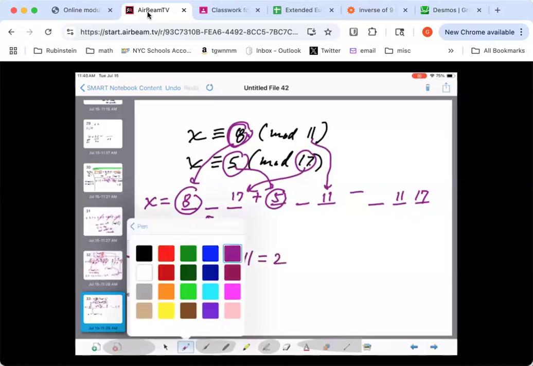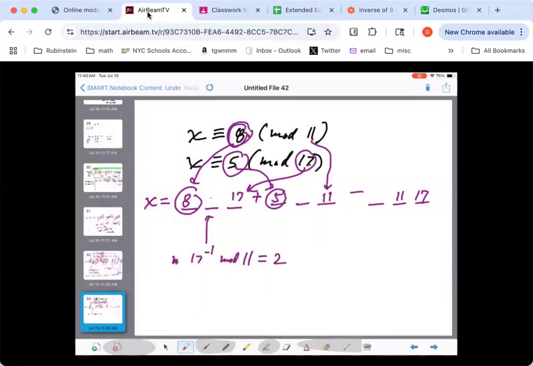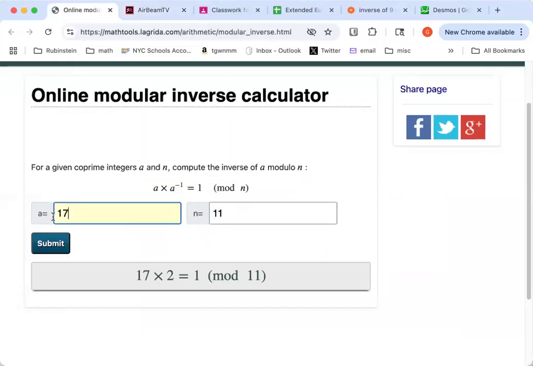And that's what goes right here. And over here, I'm just going to do the opposite. 11 inverse mod 17, which I'll come over here. And it ends up being 14.